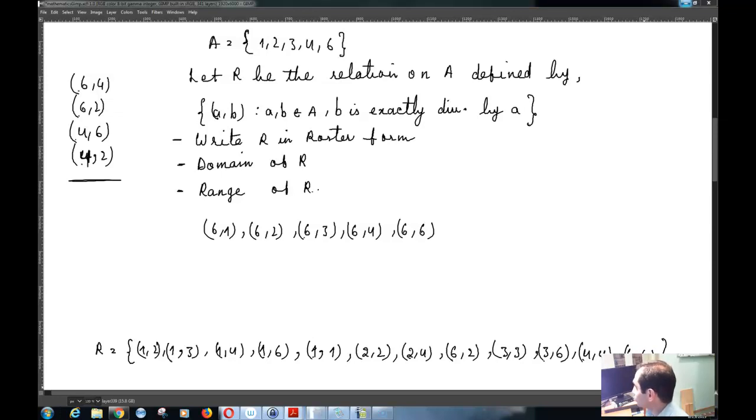Number 5 is 1 comma 1, 1 comma 2, 1 comma 3, 1 comma 4, 1 comma 6, 2 comma 2, 2 comma 4, 2 comma 6, 3 comma 3, 3 comma 6, 4 comma 4, and 6 comma 6.